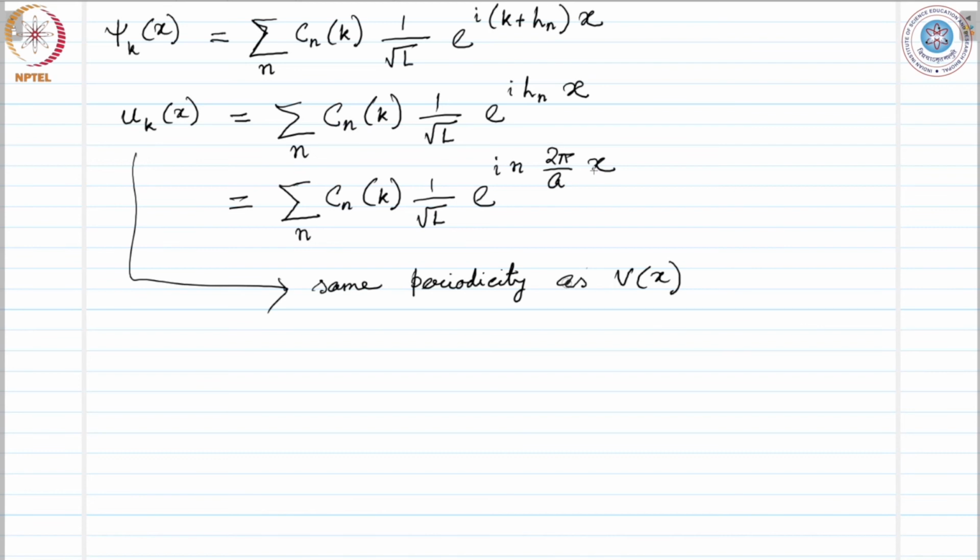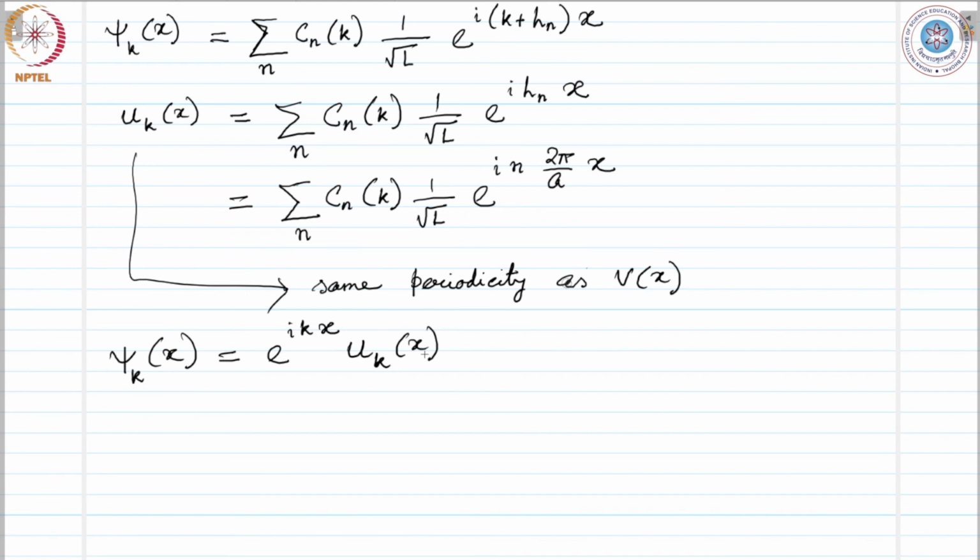Now, if we have defined this quantity, then we can write this generic wave function of the electron under the influence of a periodic potential as e power i k x times u k x. This kind of form we can derive from this analysis.